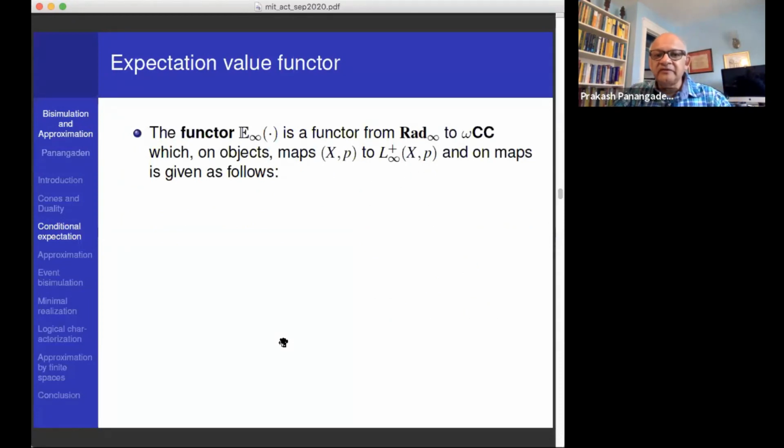And now we're ready to define the conditional expectation value functor. So this is a functor that says, give me a morphism in rad infinity, and I'm going to give you a morphism in this category omega CC, which I forgot to define, I guess, but it's just omega complete continuous normed cones.